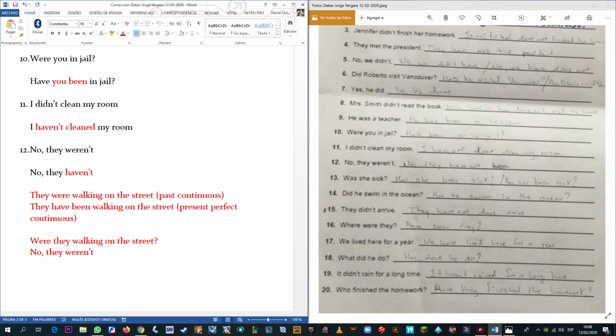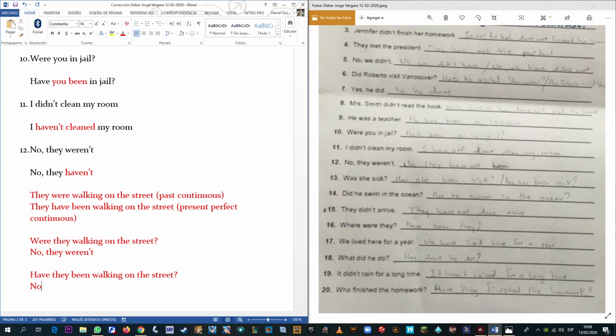And if we change the present perfect continuous sentence into question form, it would be, have they been walking on the street?